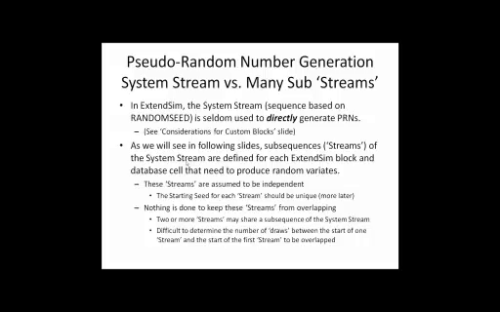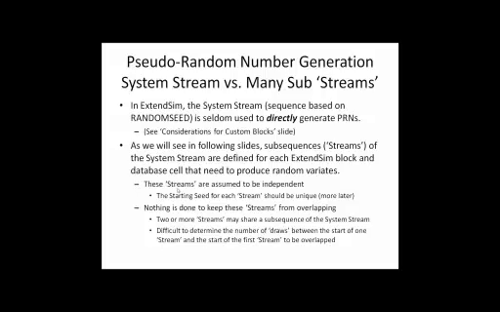And the net here is that for each ExtendSim block that wants to produce random variates, or for each database cell that has a random definition, we're going to pick a starting point in the system stream as the starting point, the seed for each of these components.